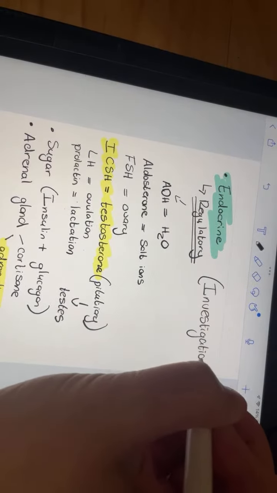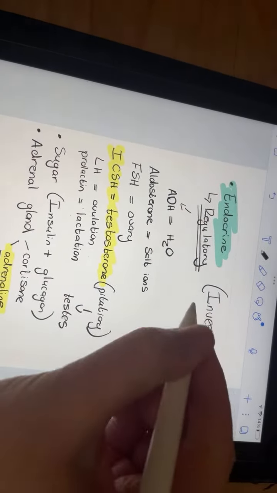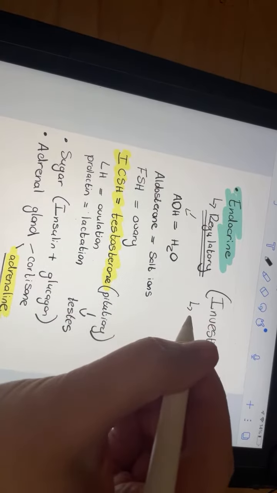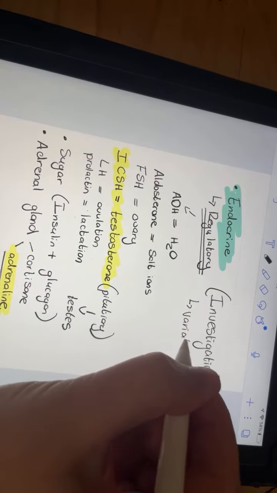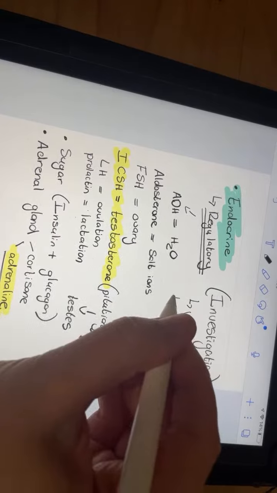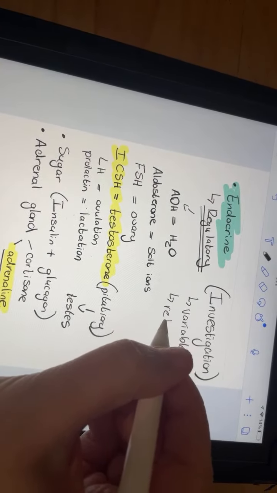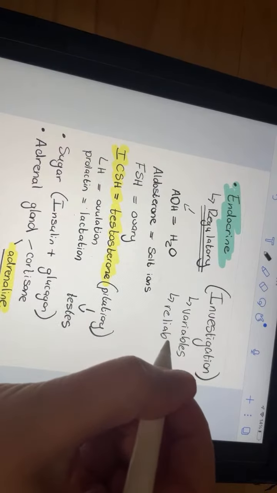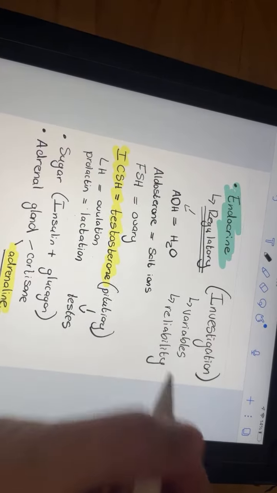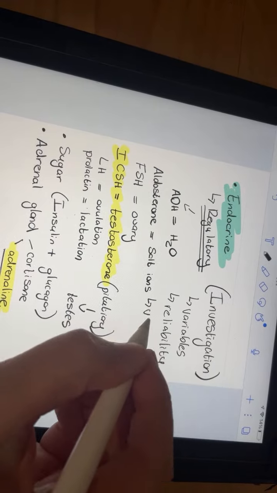They love asking it. What I mean by investigation is I hope everybody here knows their variables, independent and dependent. I hope you all know what reliability is. Validity.